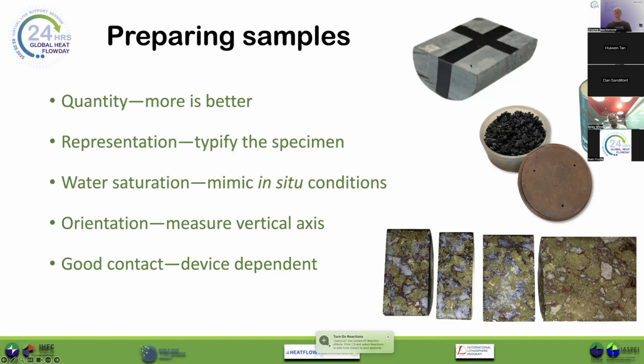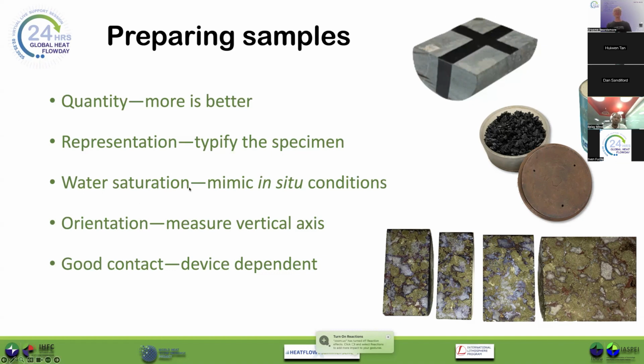So you really want more material, which gives greater flexibility in what instruments can be used and how many samples you can measure to get statistical correlation across the samples. So we're after quantity of material within reason. And representation, so that the material represents the specimen and that specimen represents the formation.